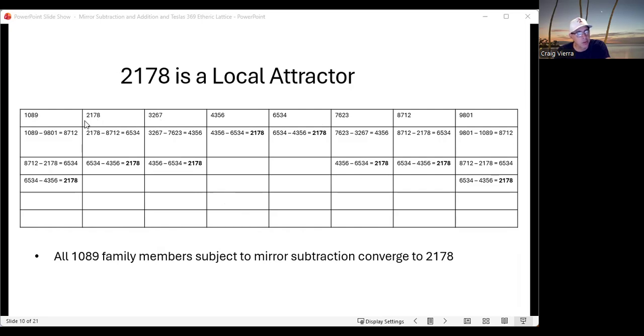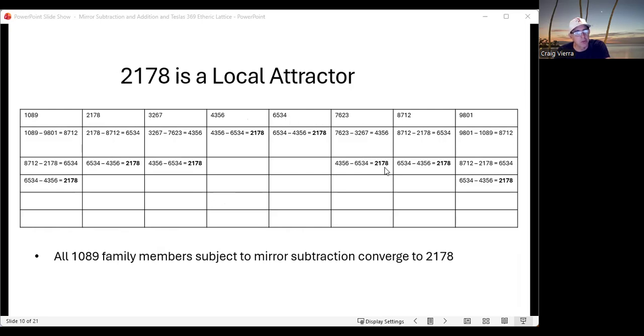Now think too, these are ultimately geometric as well. I'm showing you them as numbers, but as we put these through these mirror subtractions, these iterations, you can see there's recursion, and you can also see that we have cycles or loops going on here, and this happened for all of the 1089 multiples.